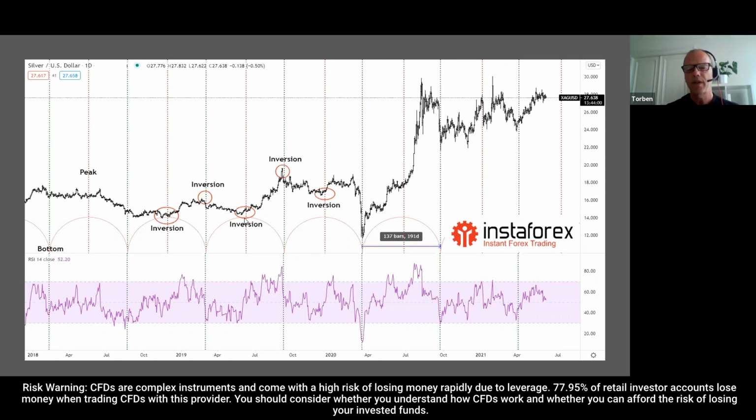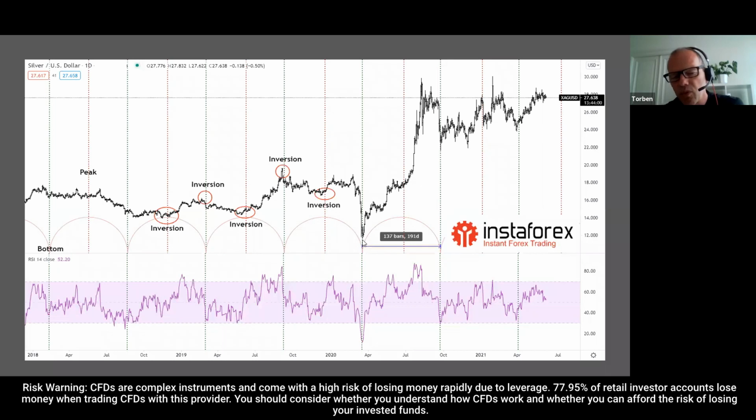They don't always have to be important, but when you have a series like this one, they indicate that you are in some kind of sideways non-trending environment, and you shouldn't take these as very important signals.